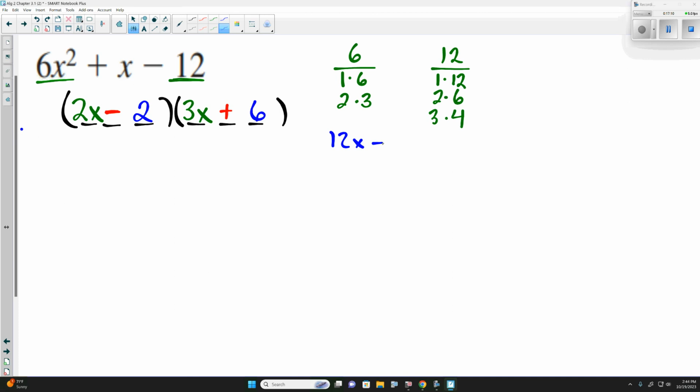Negative 2 times 3x is negative 6x, which does give us 6x. So even if we didn't see the greatest common factor, checking it still tells us this doesn't work. If we switched it the other way, well, 3x plus 2 doesn't have a greatest common factor. What about 2x minus 6? It has a greatest common factor of 2. It's not going to work.